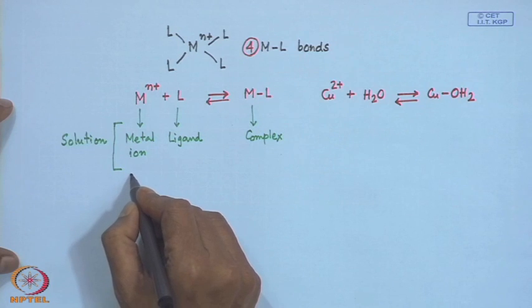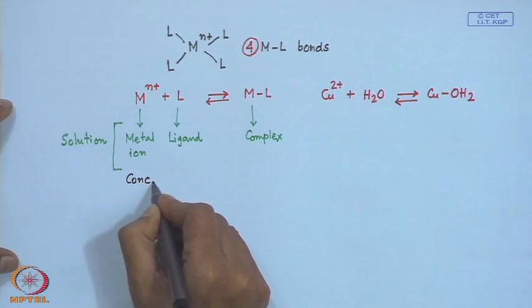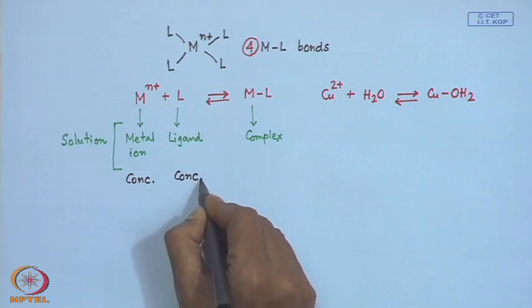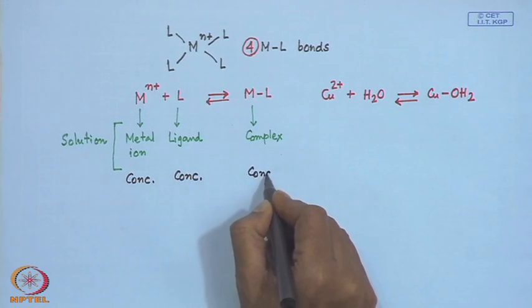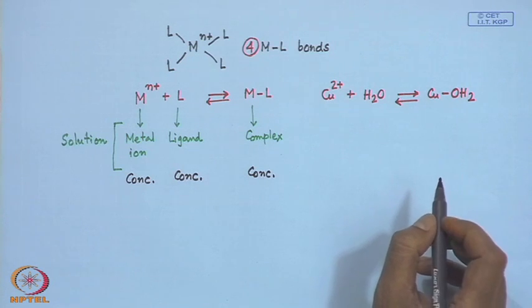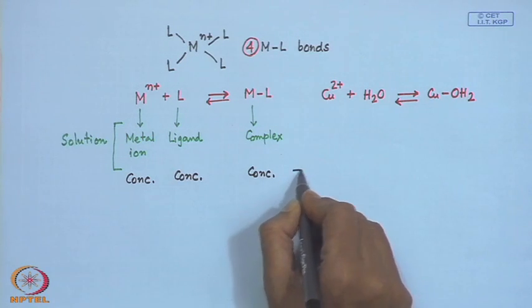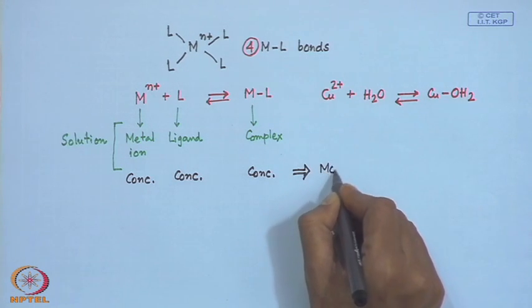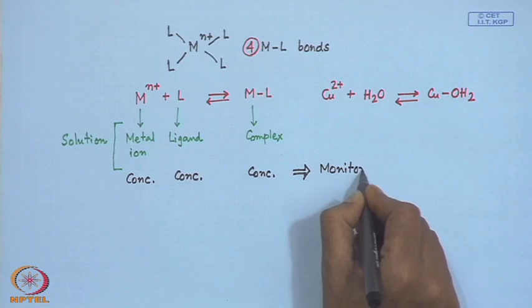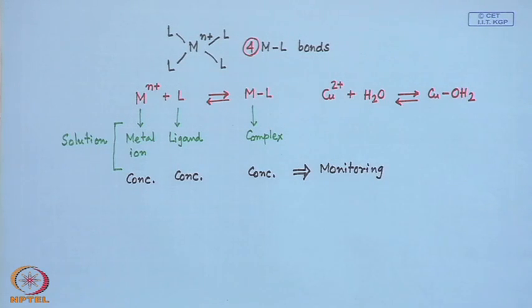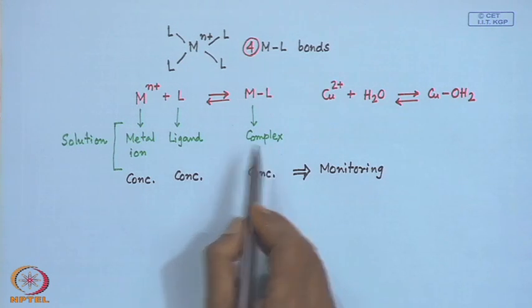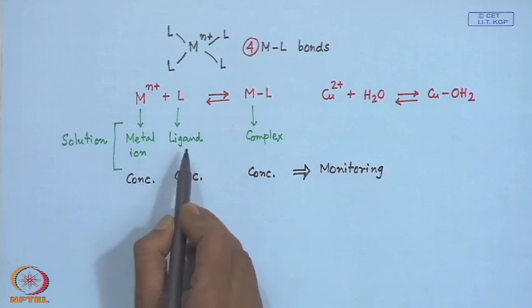So, how can we monitor that equilibrium process? That is the question. We know the concentration of the metal ion, so we monitor the concentrations of the ligand and the concentrations of the complex species. If we can monitor all these species by some mechanism, we can get some idea of how much metal complex is forming by reacting the metal ion with the ligand.